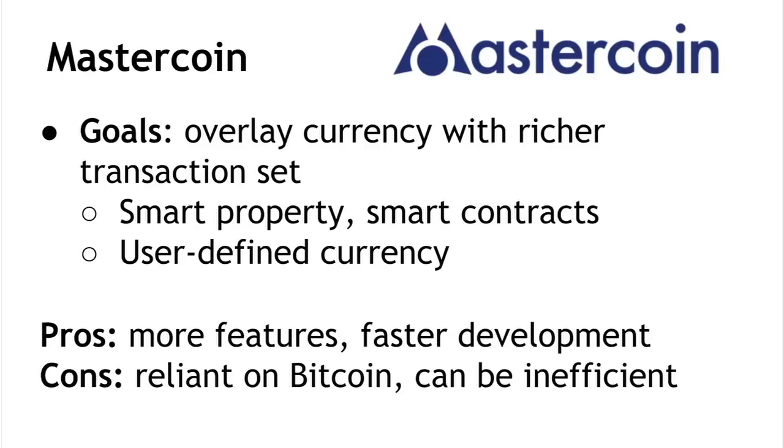So the most prominent effort to actually do this is called Mastercoin. Mastercoin is an overlay currency. It's built on top of Bitcoin. All of the Mastercoin transactions are written into the Bitcoin blockchain, and it supports a much larger, richer feature set than Bitcoin. The idea is that they don't have to develop a new consensus algorithm, and since the Bitcoin miners don't need to know about the Mastercoin rules, they can support a lot more fancy features, more sophisticated smart properties, smart contracts, user-defined currencies.